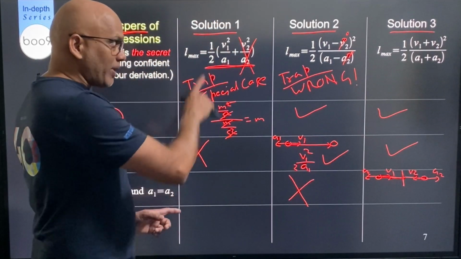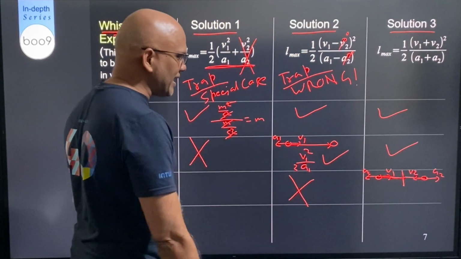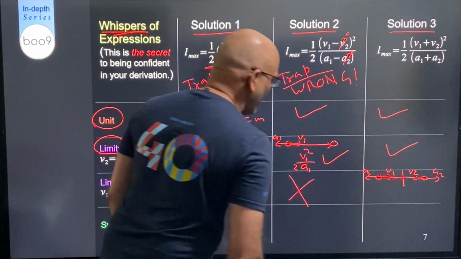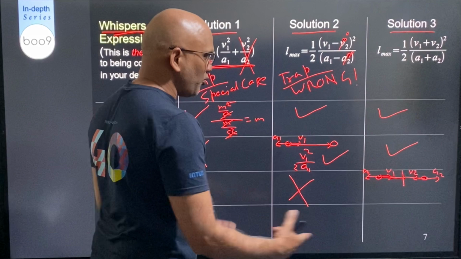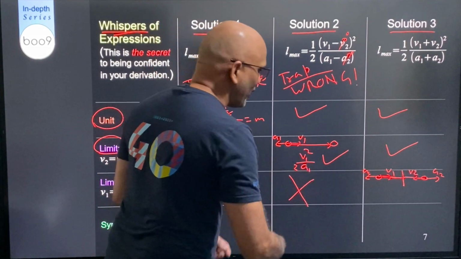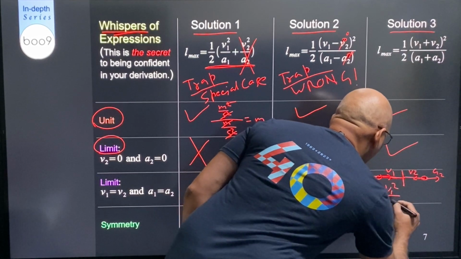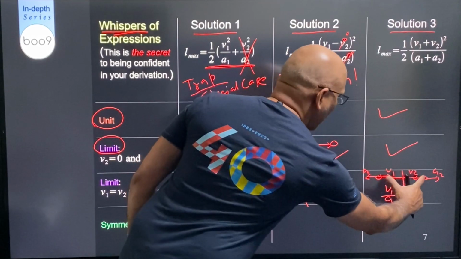This is again a very simple case to derive. You will see that this distance is going to be v1 square by 2a1, and this is again going to be v1 square by 2a1, and if you add it up, you should get v1 square by a1. So that should be the L max.